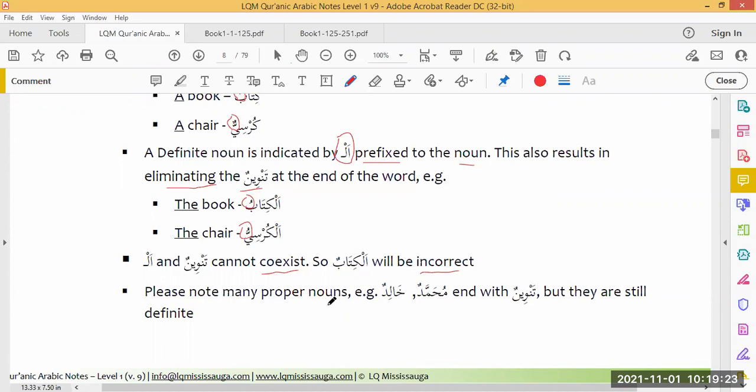Please note, this is with common nouns only. If they are proper nouns, they have tanween. Proper noun in Arabic, we call it alam.